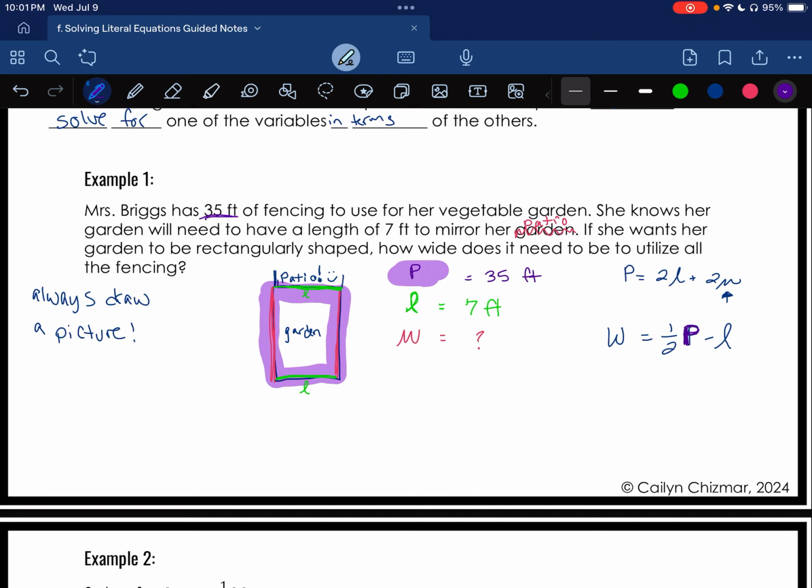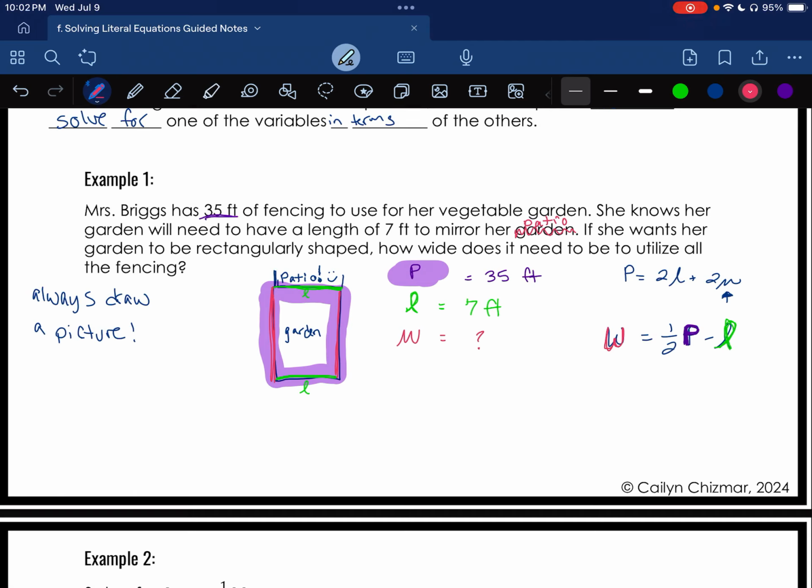And I do know the length of the patio that the garden's running along, right? That is 7. And so I'll be able to plug those in to find our width, or unknown. So let's see what this looks like.